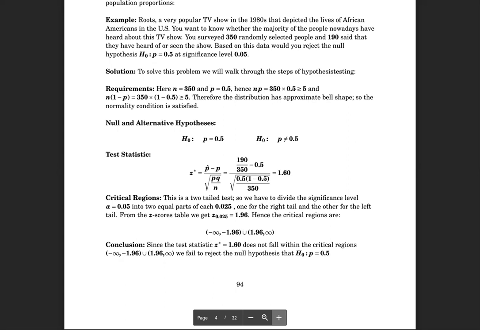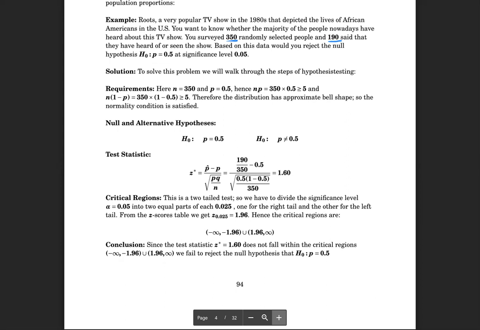You surveyed 350 people, and out of that, 190 people said that they have heard of or seen the show. Based on this data, would you reject the null hypothesis?